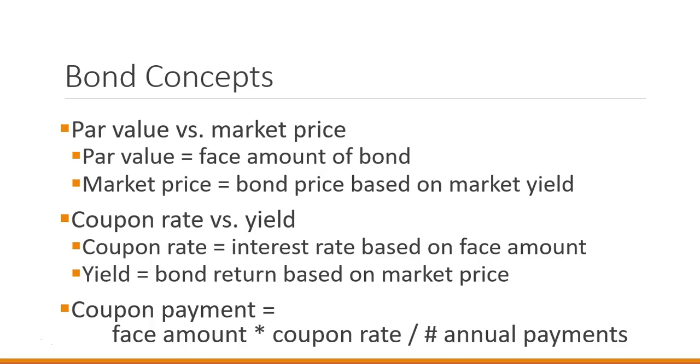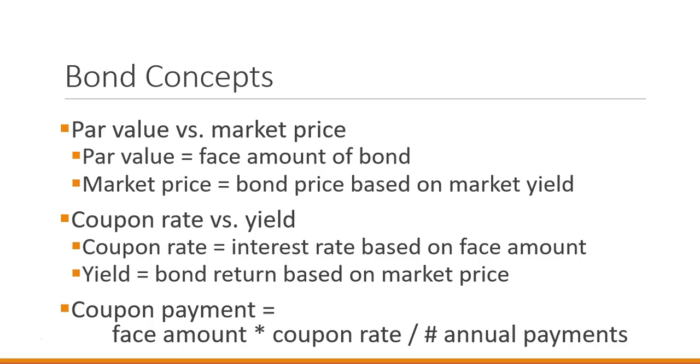So the par value is on the face of the bond. That's why it's also referred to as the face amount. It's on the face of the piece of paper that is known as the bond certificate. The market price, on the other hand, is the bond price based on market yield. So in the market, the bond might trade.